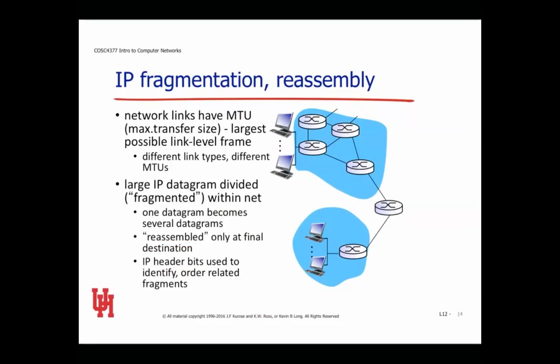Okay, one thing that can happen to an IP datagram as it's making its way through the internet is you can run into a router that doesn't have access to a network that can handle packets as big as you like. Every network designer, every network engineer specifies the minimum and maximum size of a packet on that type of technology. That's true for Wi-Fi and Ethernet and every other technology in between.